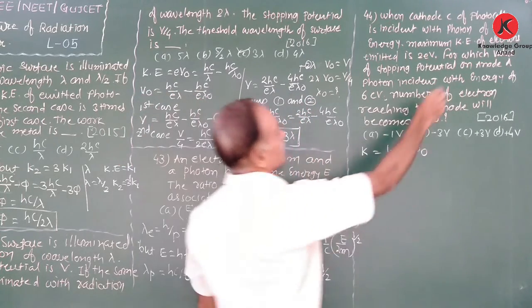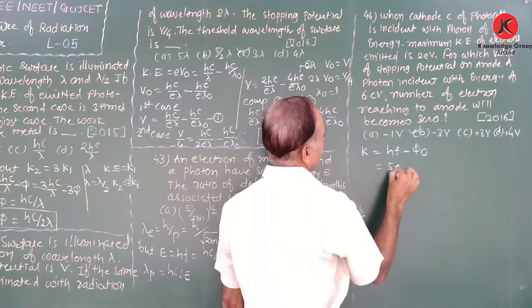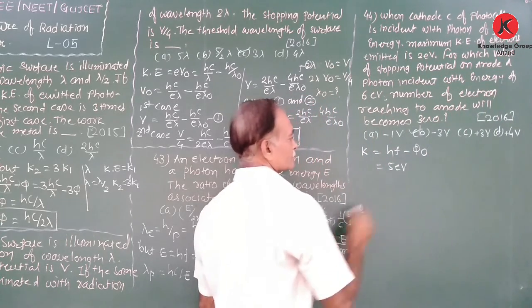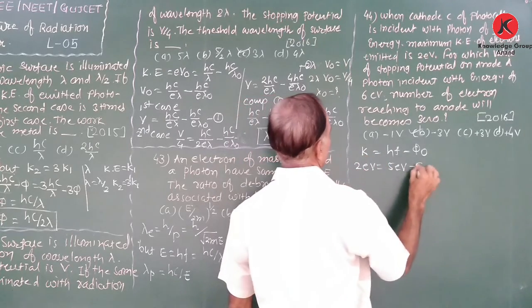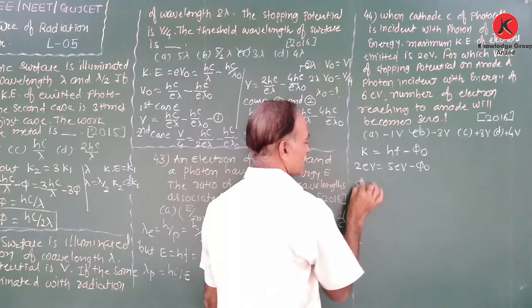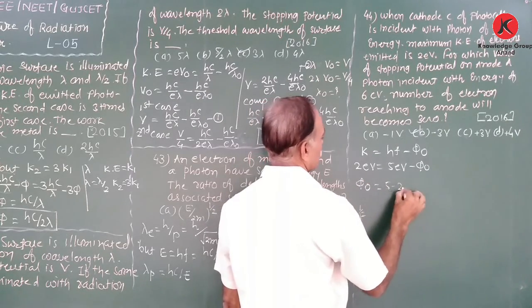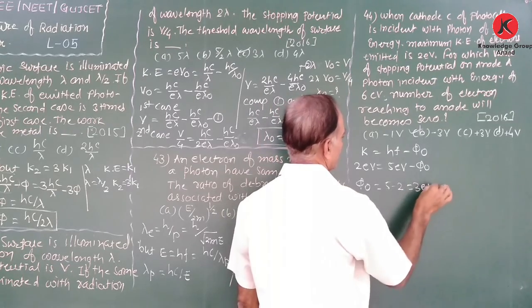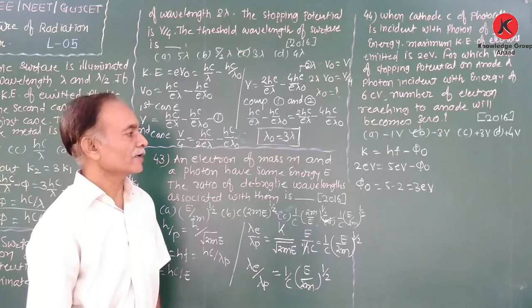Now initially, the energy of the incident photon is given 5 electron volt. Kinetic energy is 2 electron volt. So work function of a given metal is phi 0 equal to 5 minus 2 is equal to 3 electron volt.